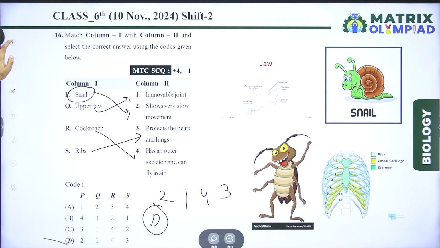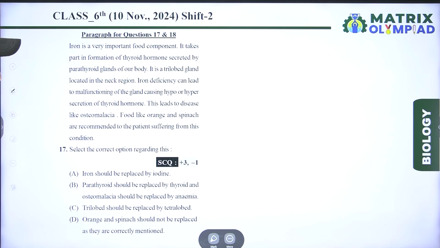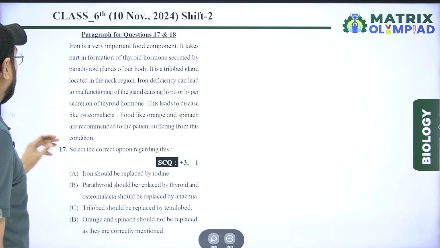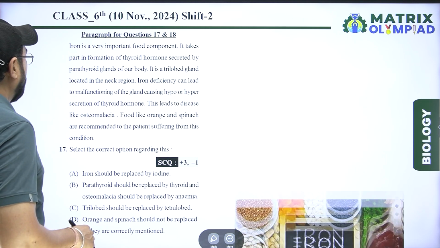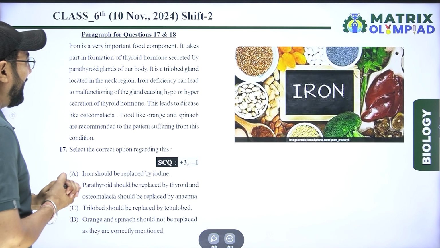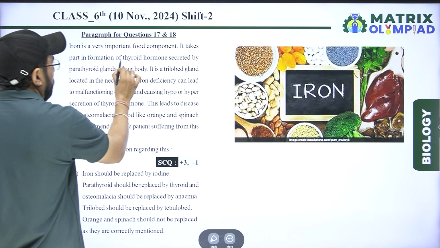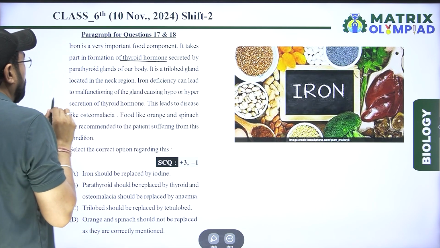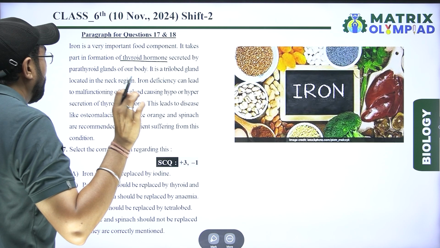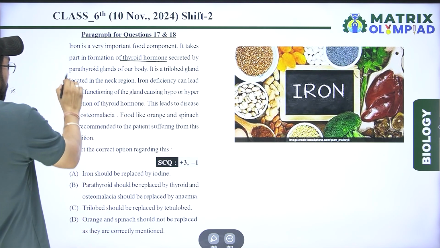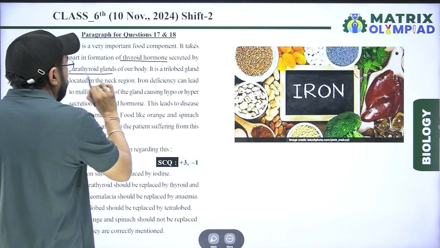Next, paragraph based question. Iron is very important food component. It takes part in formation of thyroid hormone secreted by parathyroid of our body.